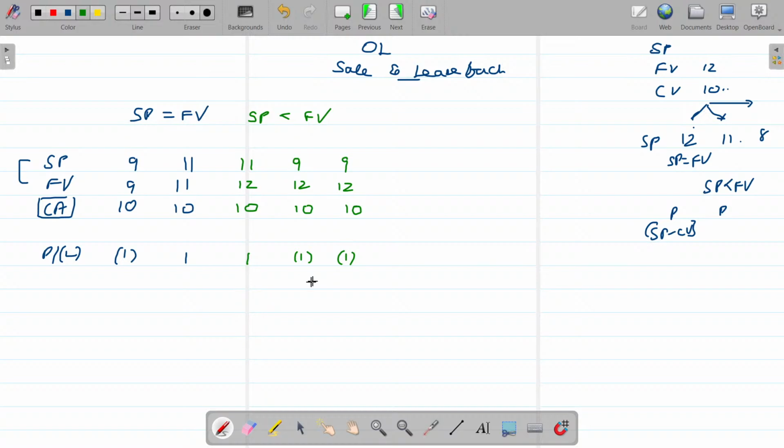Clear? Now tell me, I am going to guide you on this one. Transfer to P&L account or not. In the first case, I can transfer that to the P&L account. In this case, there is a gain. In case of gain, you transfer to P&L account. In case of loss, can I transfer to the P&L account?